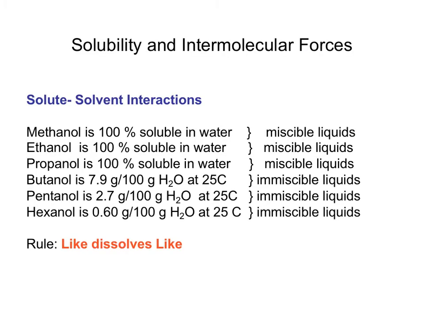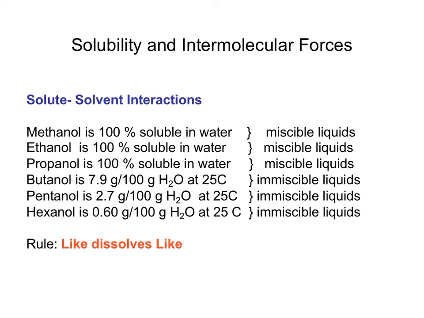Okay, and this one you've got liquids dissolving in other liquids. So is methanol soluble in water? And the answer is yes, it's 100% soluble. And then this table is telling us that as the carbon chain length increases, the solubility decreases.